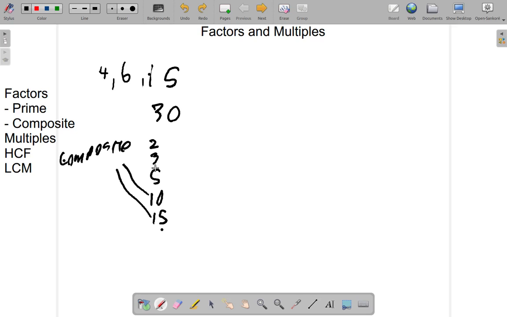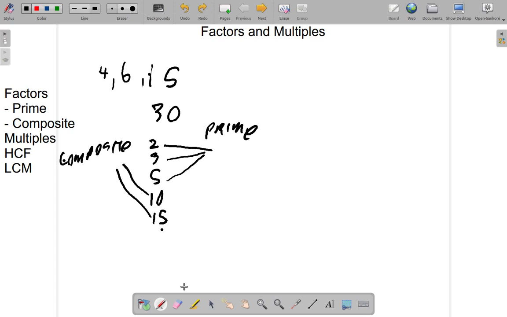So the composite numbers that can divide into 30 are 10 and 15. The prime numbers that can divide into 30 are 2, 3, and 5. So the prime factors are 2, 3, and 5. The composite factors are 10 and 15. Okay, good.